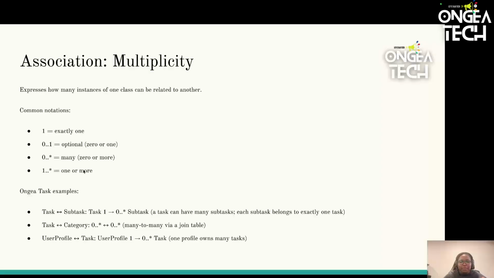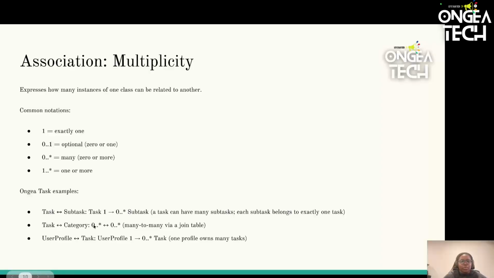So in our case, we'd have tasks and subtasks. One task will be linked to 0 to many subtasks. For task and category, you can actually have many to many, but 0 to many tasks and 0 to many categories.